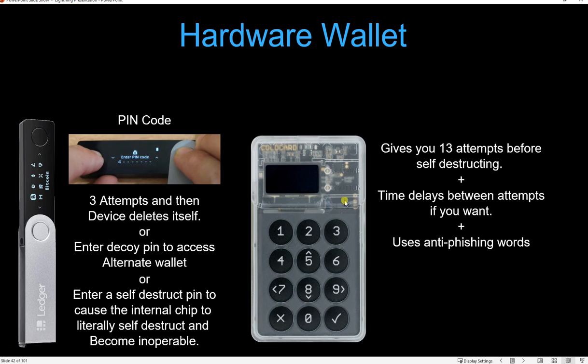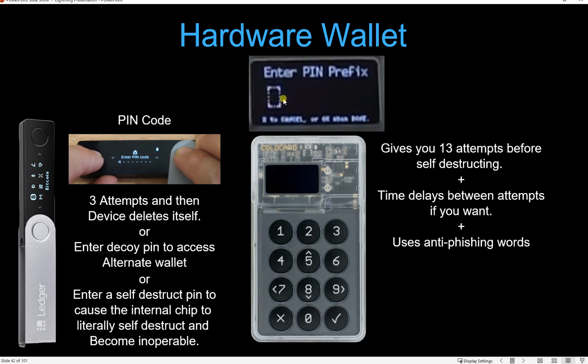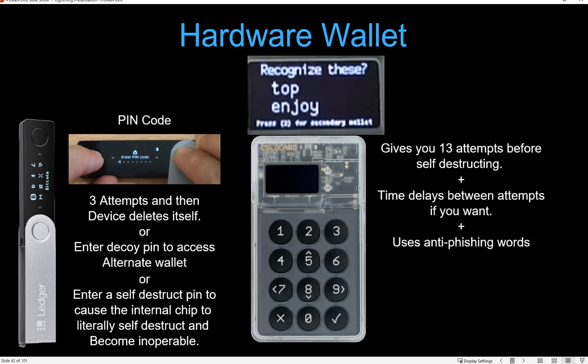That's no fun. On a Coldcard, it makes you split up your password into two segments, like 1, 2, 3, 4. Let's say that's your password. Bad idea. You put in 1, 2, and then it's going to show you two absolutely unique seed words that you will only see on this particular Coldcard when you enter 1, 2. So every Coldcard in the world, if you enter 1, 2 and hit enter, they're all going to show different two words.